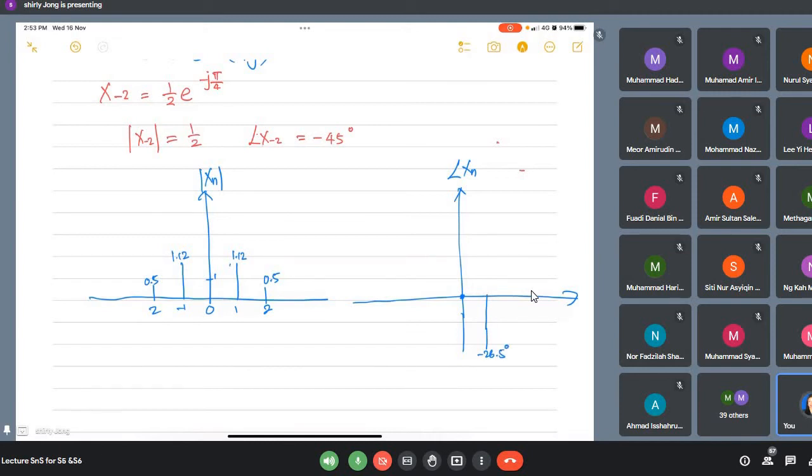Then x2 you obtain 45. Then x minus 1 you get positive 26.5. And then x minus 2 you obtain -45.